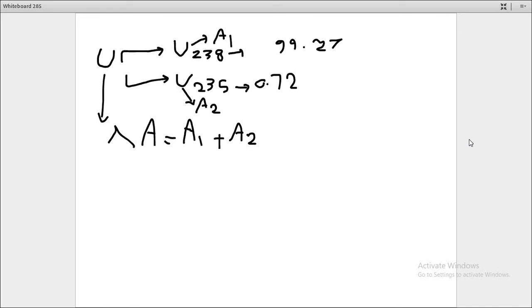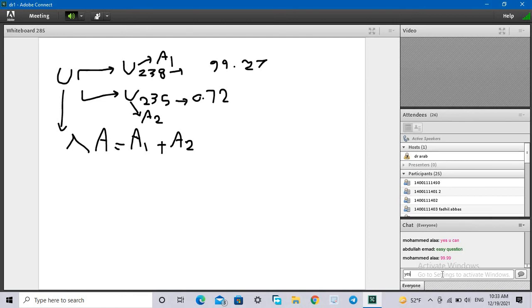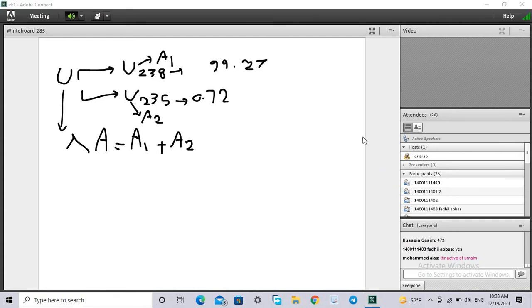Did you get it up to now? Can I continue and solve the other part of this sample? Up to now, I only said that uranium consists of uranium-238 and uranium-235, which make up 99 and 0.72 percent of uranium.